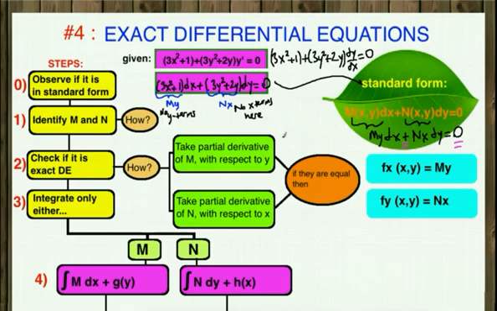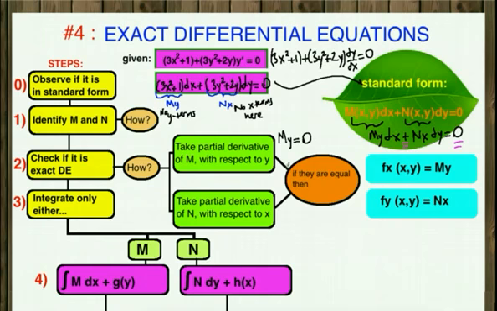So the partial derivative of 3x² + 1 with respect to y is 0, because we don't have any y term here. This is constant, so our My is 0. And the partial derivative of N with respect to x is 0 again, because we have no x term here.